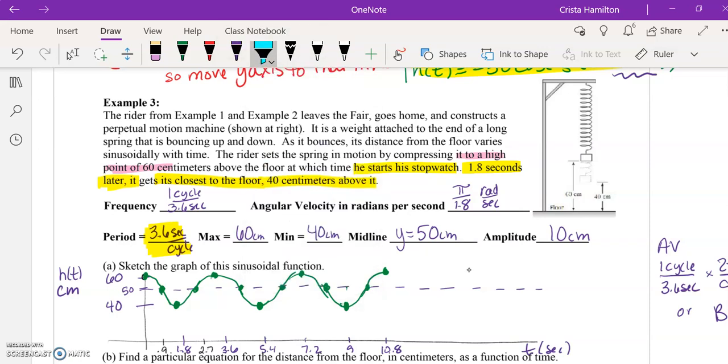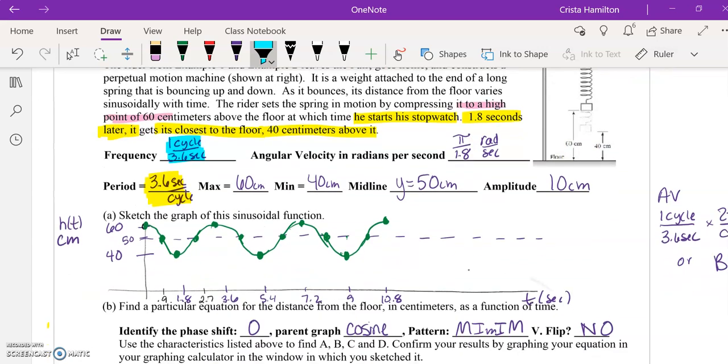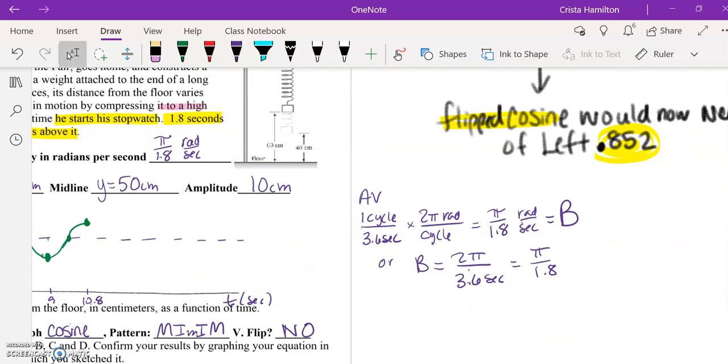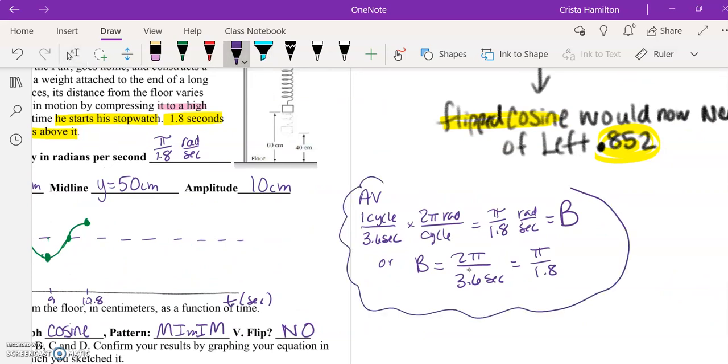So I did the same thing. We know that the frequency is the reciprocal of the period. So we added in that it's one cycle every 3.6 seconds. I then came over here and found the average velocity by using the frequency times 2 pi, which is essentially what you're doing to get this radians per second by simply converting it.